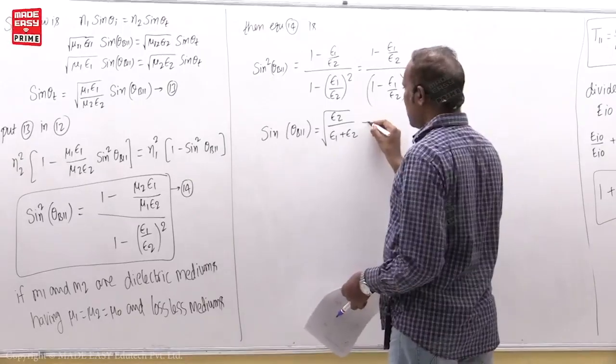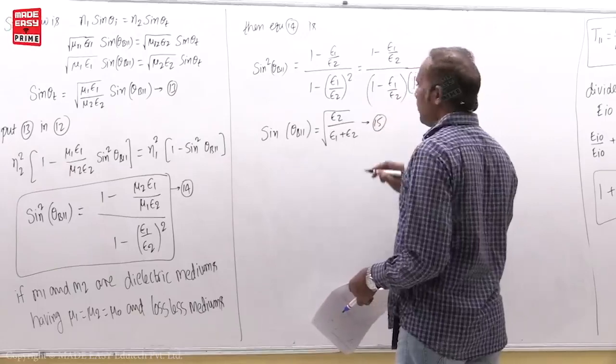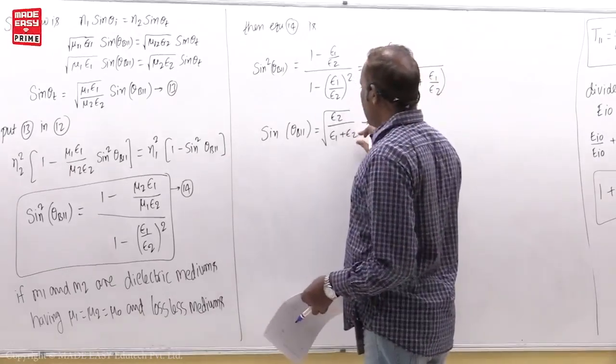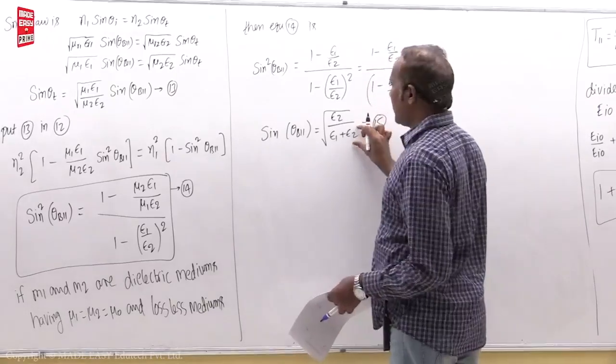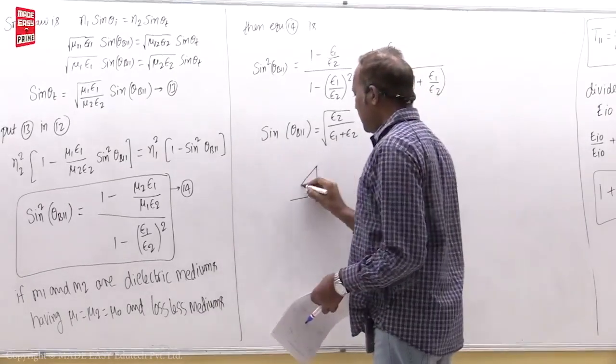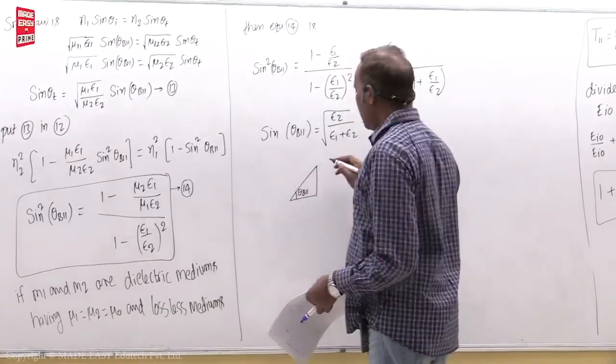So this formula also you may not remember. It is your wish to put it in the box or not. In the tan form we will remember, students. Now this is opposite, this is hypotenuse, in the triangle, this is theta b parallel.